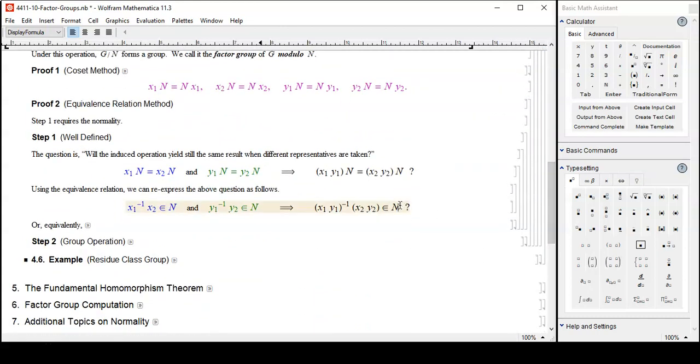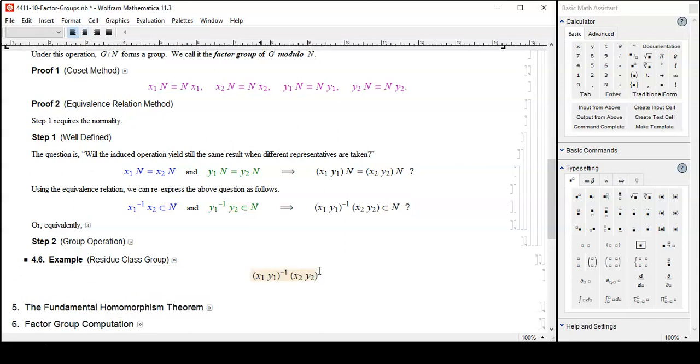So how do you prove this? Well, one way to do that, it appears that we can use the inverse formula, and you're going to get y1 x1 inverse, y1 inverse, x1 inverse and x2, looks like that's what we are getting.